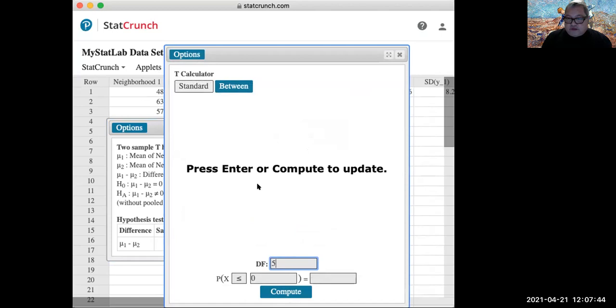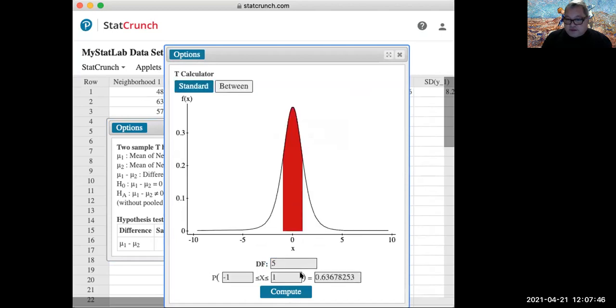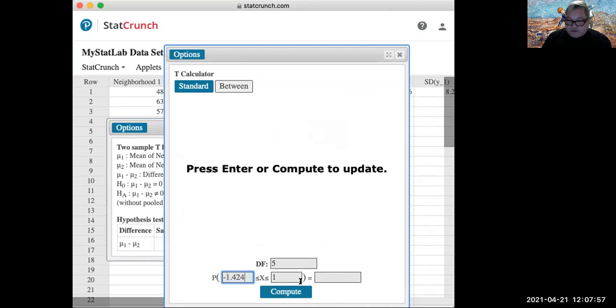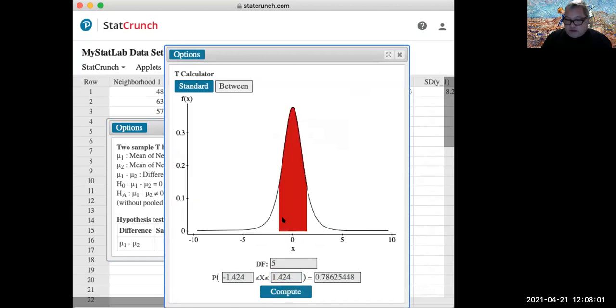I would select the two-tail hypothesis, where I employ the test statistic of 1.424, negative and positive, giving me a probability of 0.7862 for an interval around 0, and allowing these 2 white areas of doubt in the null hypothesis to be the complement of that computation.